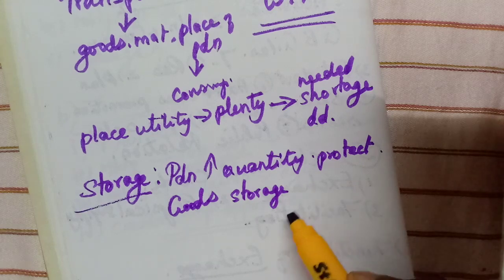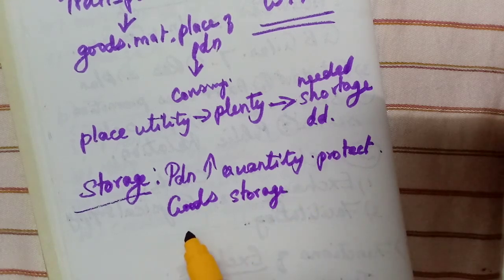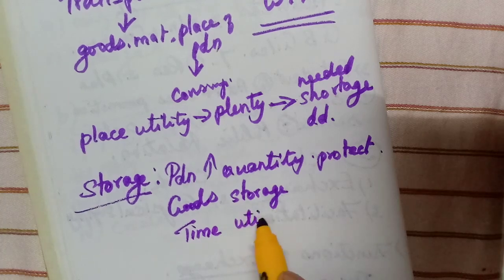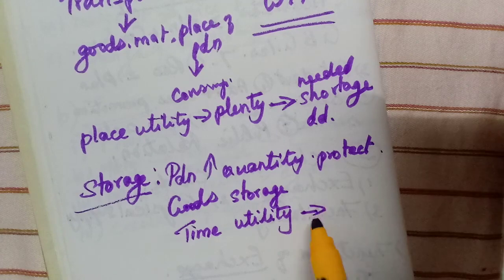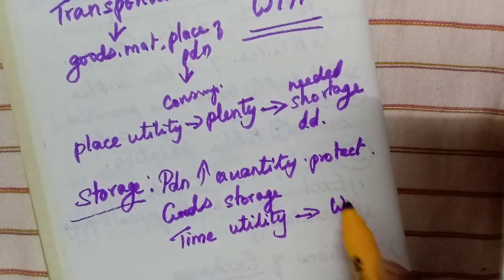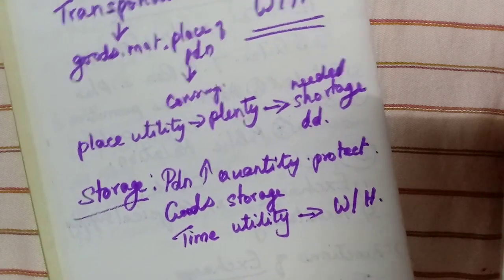So this one creates time utility. How? It is stored in a place that is called a warehouse.